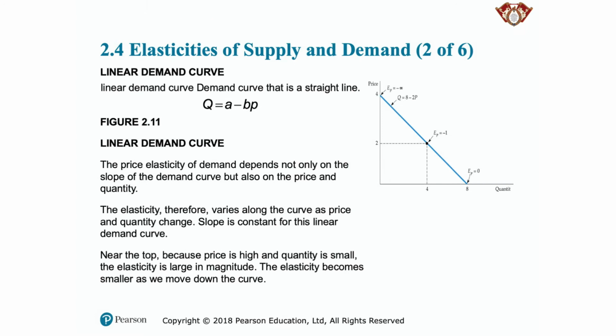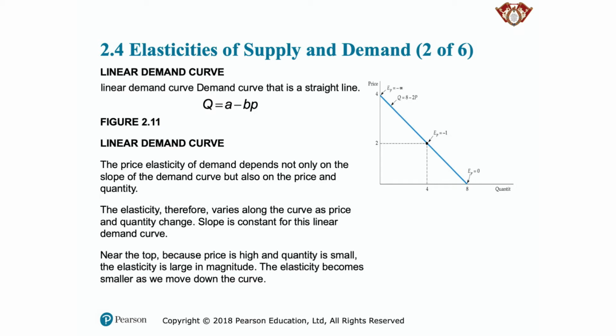Look at this figure, a linear demand curve. That means the slope is the same. If the demand curve is Q equals A minus B times price, then change in P over change in Q is minus 1 over B, right?